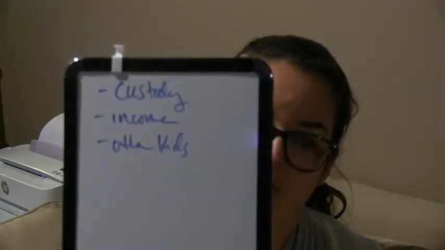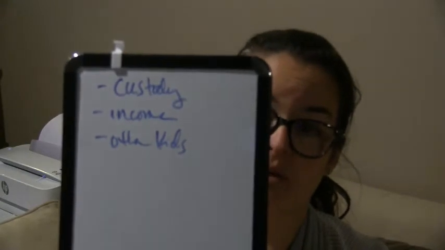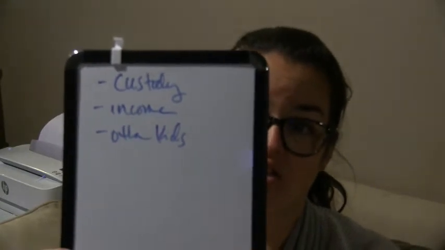but it is also based on the income of the parties and whether the parties have other kids that they are supporting outside of the relationship, outside of the kids they have with each other. Here's what I mean. So let's say you have a true 50-50 situation and mom and dad both have 50-50 custody. Because they have custody half the time, why do we need to send support?